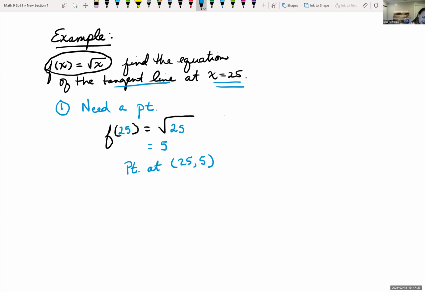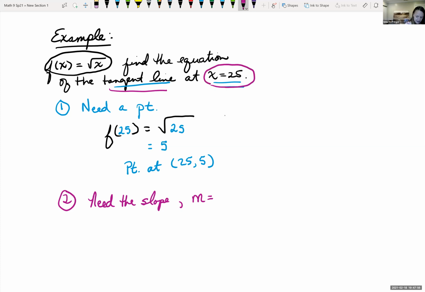And then the second thing that we need is the slope. In this case, because it's the tangent line, the slope is equal to the instantaneous rate of change at x equals 25. Let me write it with a limit.